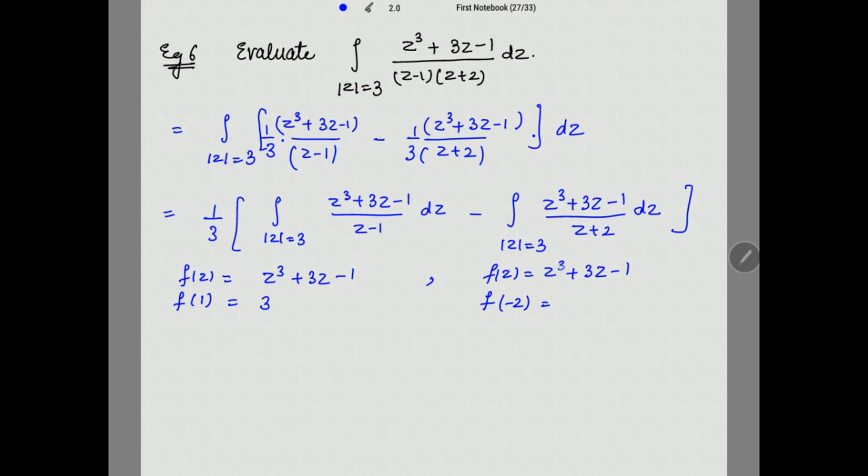This will be minus 8 minus 6 minus 1, which is equal to minus 15. Right?